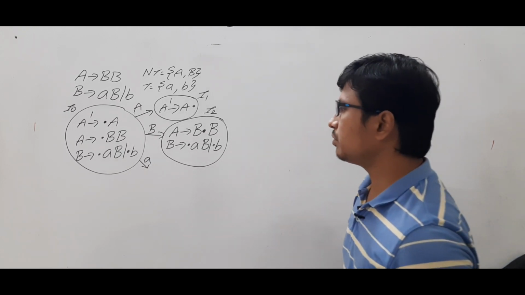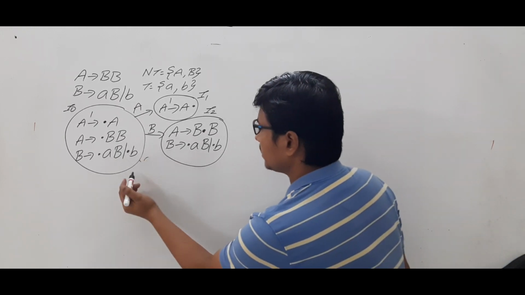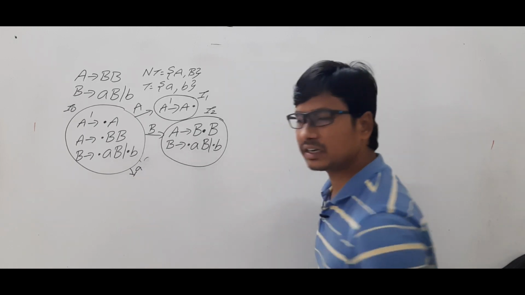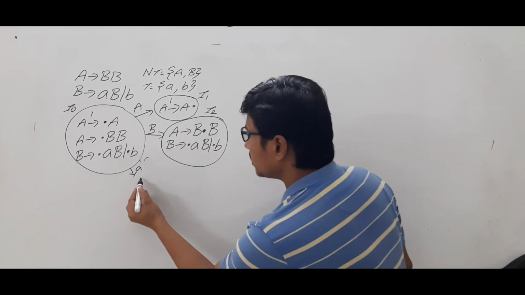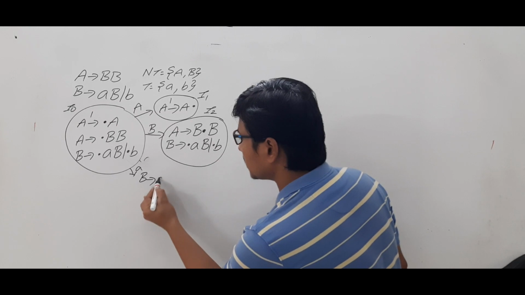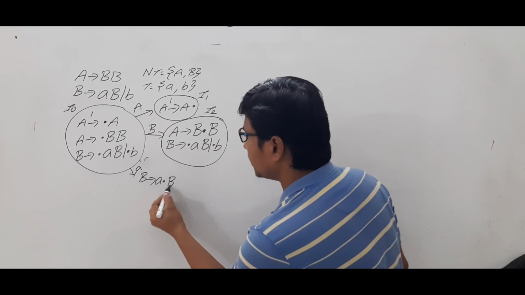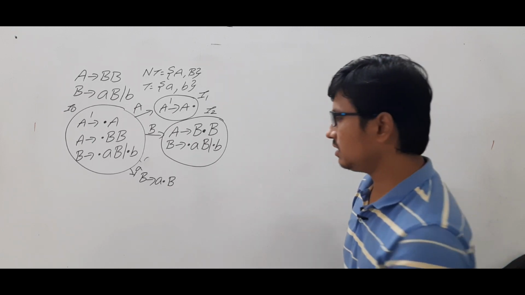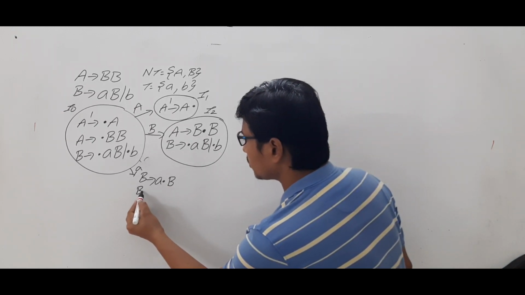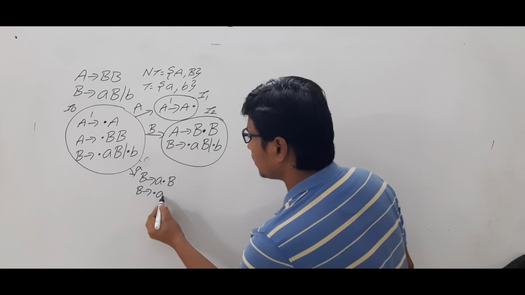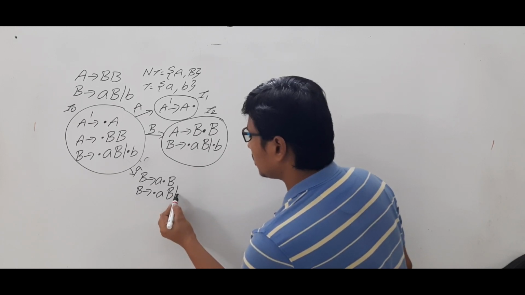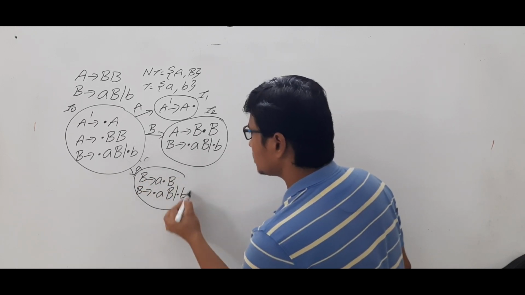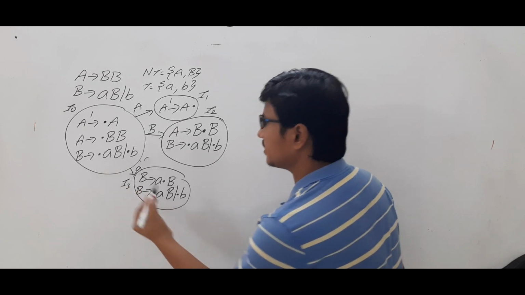Now I0 on small a. Let me write here to use the space effectively. On a we get B determines a dot B. Again after the dot there is a non-terminal, so I compute the closure: a dot B or dot b. This is my I3 item.